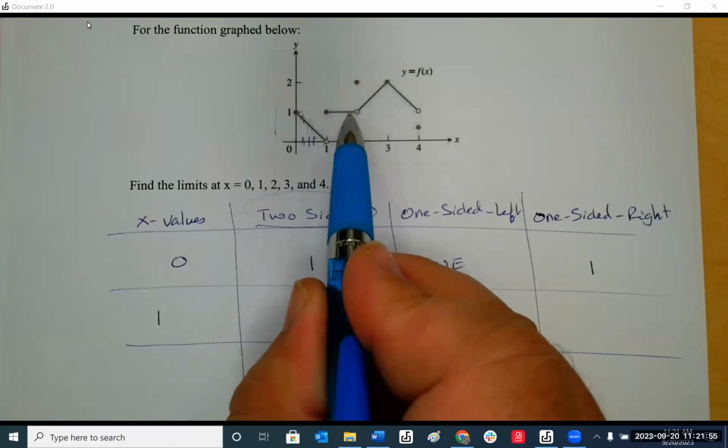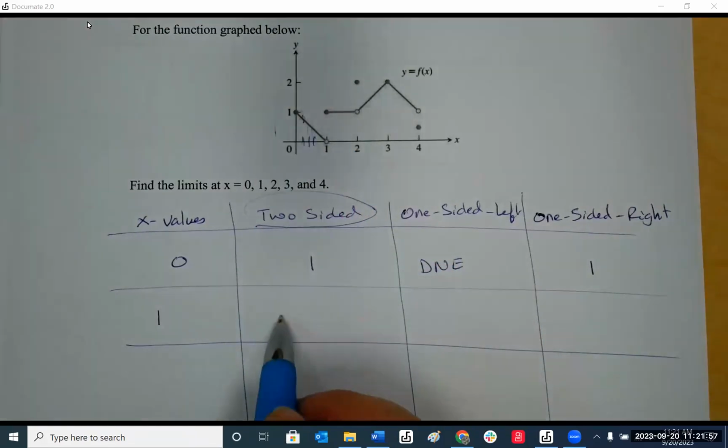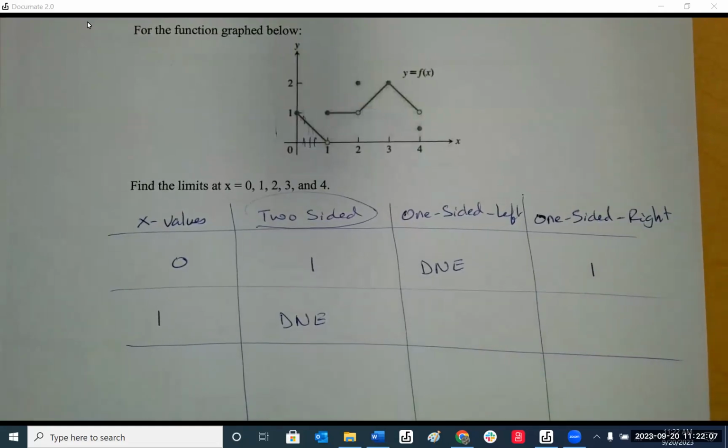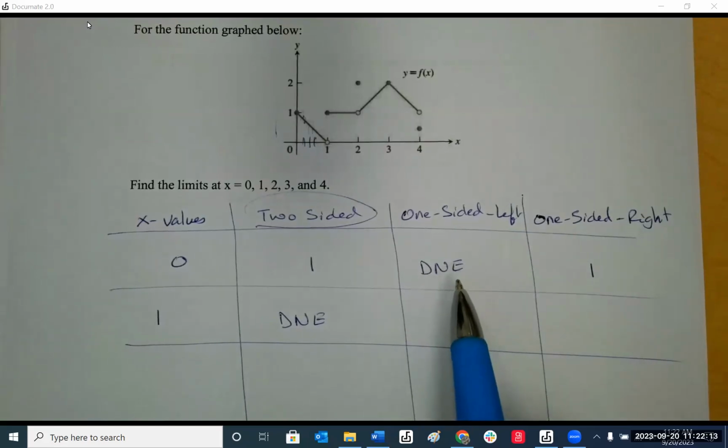When you're coming from the right, it's approaching something else. Because they don't equal the same value. Yes. If you're doing two-sided limits, they have to approach the same value. But if you're doing one side, it has to approach something.